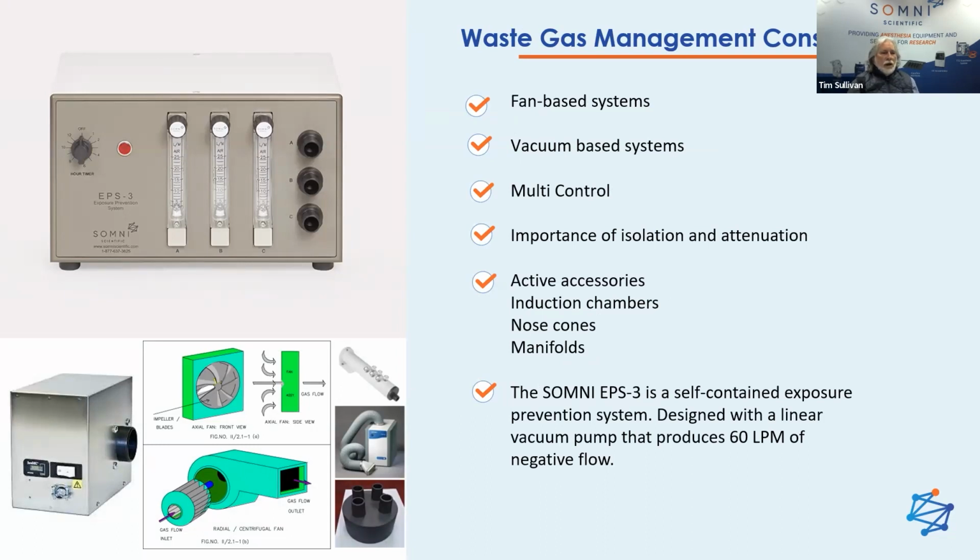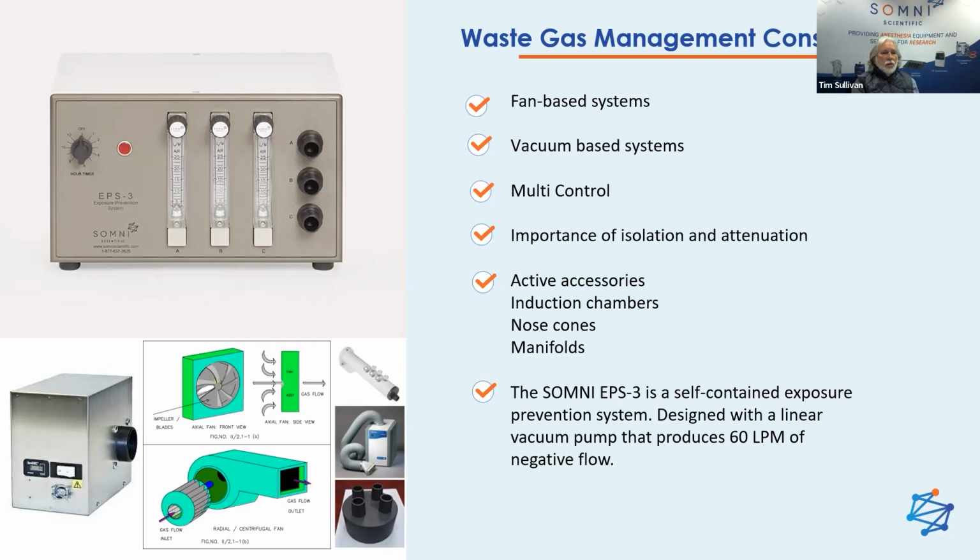So our EPS3 system, shown in the top there, is basically a miniature in-house vacuum unit. So we've incorporated a built-in linear vacuum pump that creates up to 60 liters a minute of negative vacuum.